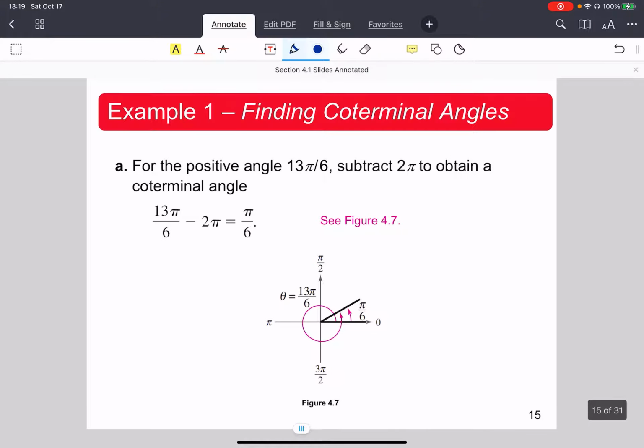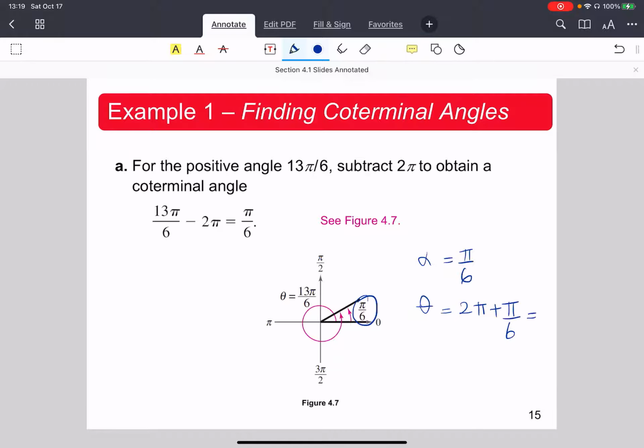So here is an example. The angle that I'm given is pi over 6, so my alpha is pi over 6. What I want to find is a coterminal for this angle. The way I can do that is I can just add 2 pi to this angle, and then get a coterminal, and I'll call it theta.